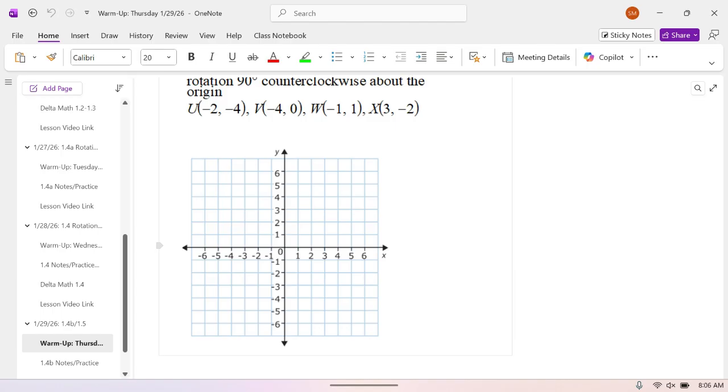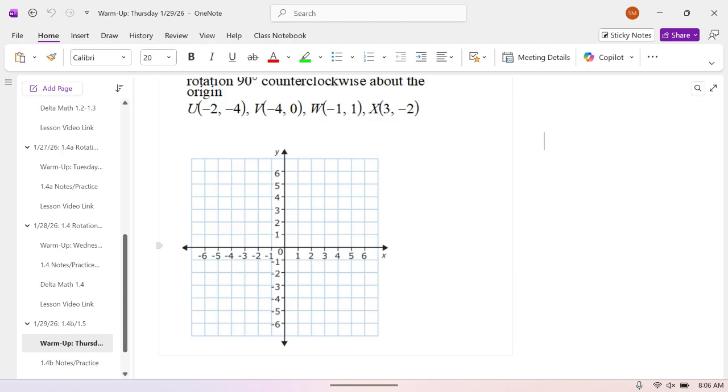W. All right, so to get W prime. First off, where's W currently located? Quadrant 2. All right. Where's it going? Quadrant 3.